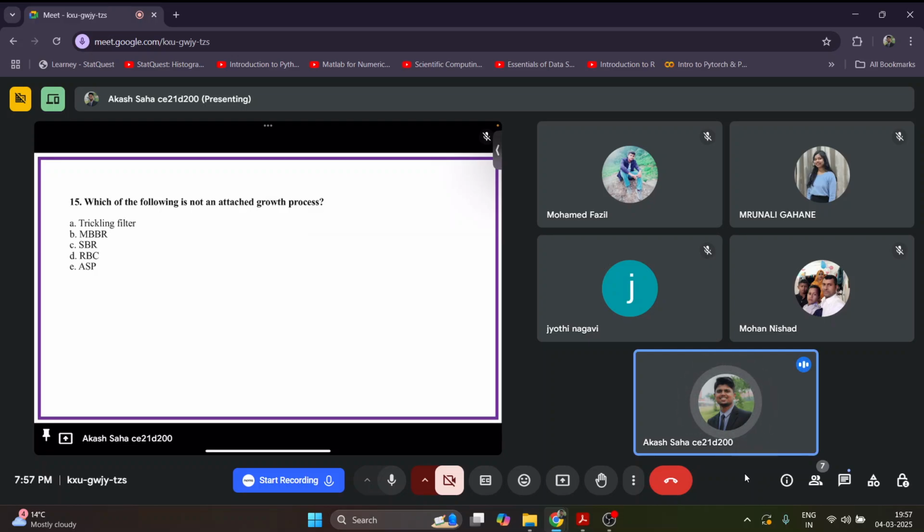I told you filters are there, like moving filters, so that the bacteria attaches. And RBC is rotating biological contactors, so there also some attachment is there. The contactors are moving in circular motion. Whereas SBR is sequential batch reactor, which is nothing but a modified form of ASP, where everything happens in one tank. And you all know activated sludge process, ASP. There is no attachment of the bacteria. So ASP and SBR are suspended growth processes.